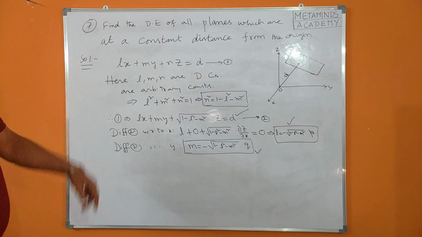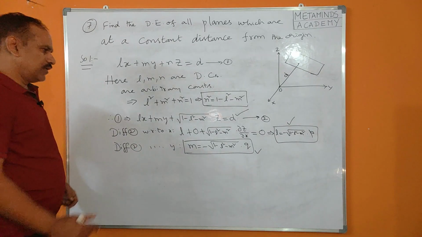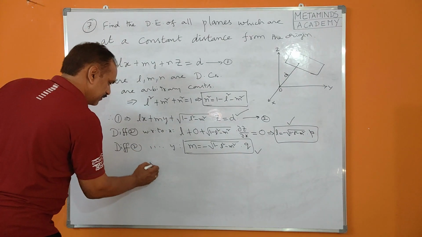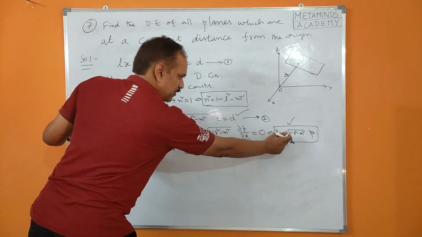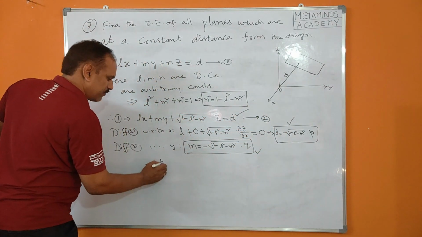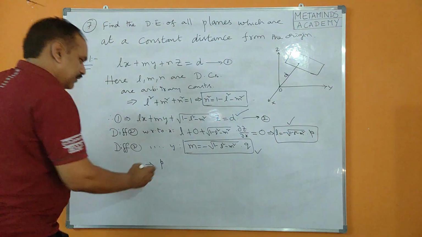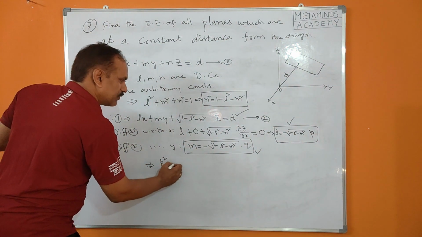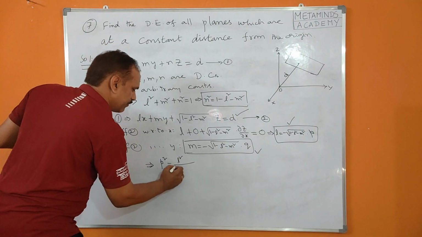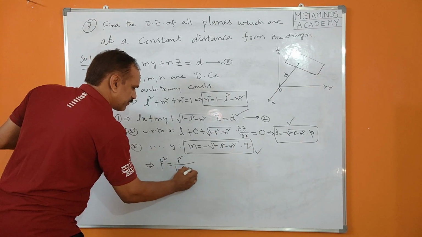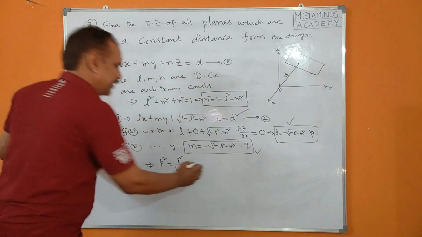So how to eliminate? Let us write, from this equation, P square equal to L square by 1 minus L square minus M square.